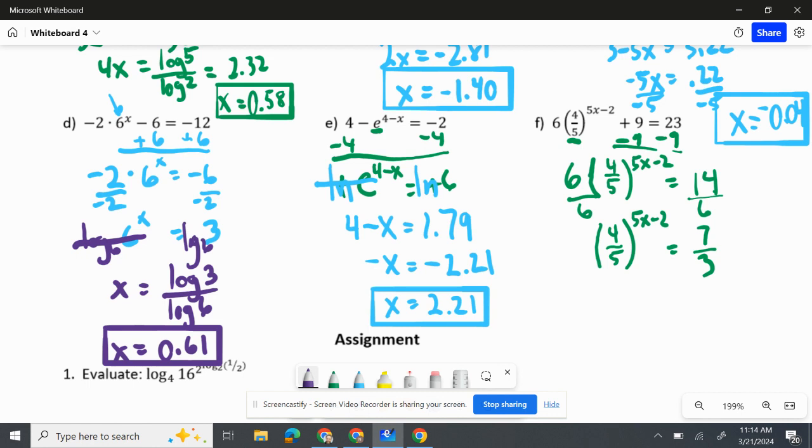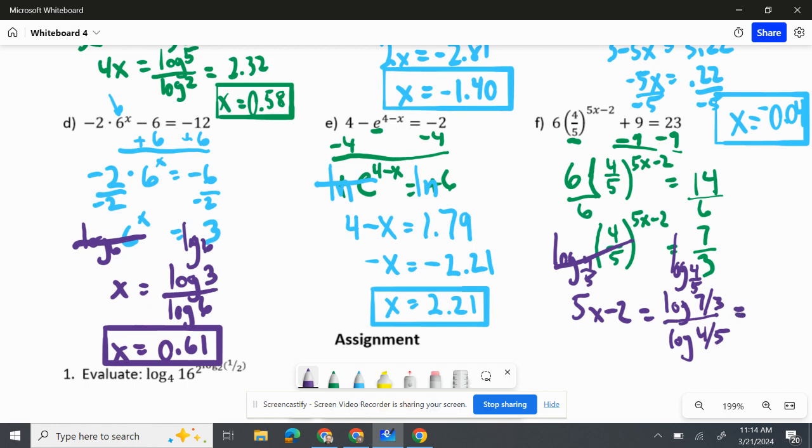Now I've got the base number by itself. I need to get rid of the base number by taking the log with that base, and I do that on both sides. So the bases cancel. I get 5x minus 2. I use the change of base formula, log of 7/3 divided by log of 4/5.